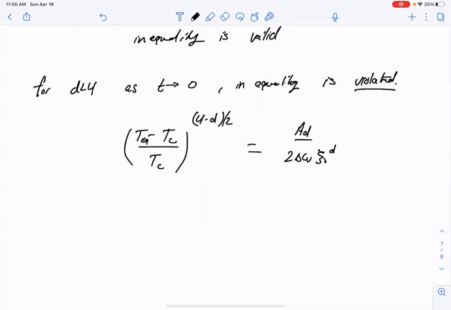call it Tg, and this is known as the Ginzburg temperature. That's the temperature beyond which mean field theory begins to break down.